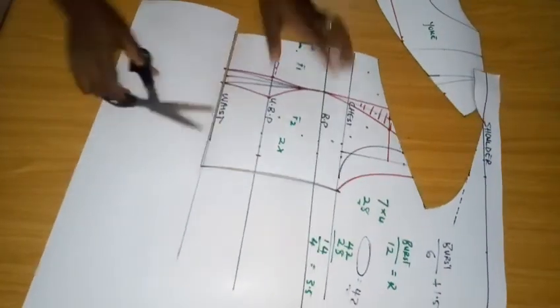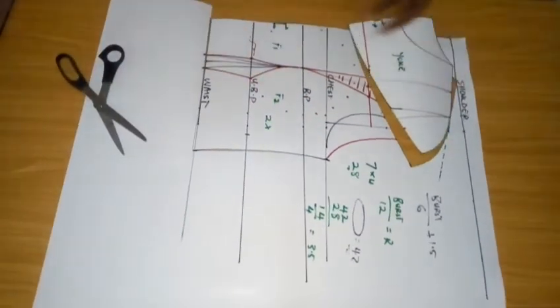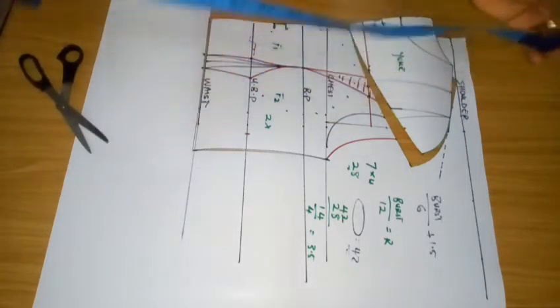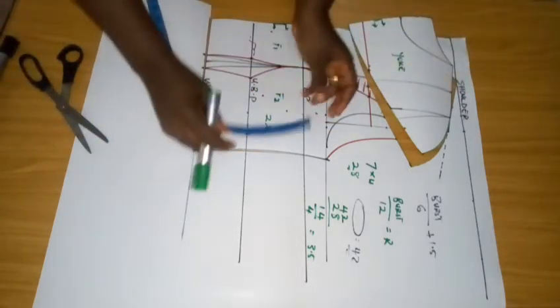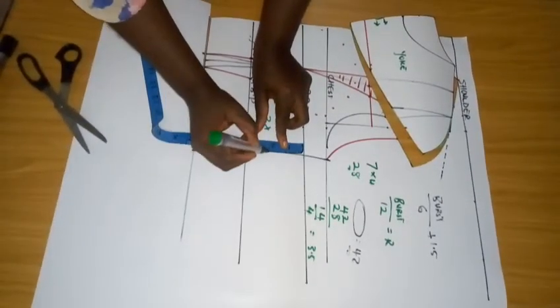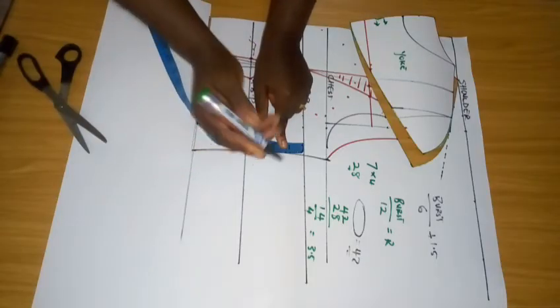Now, we have something we've not done, soulmates. Please don't forget, this is very important for a good bustier. That is the bust dart. So for the bust dart, from the bust point, I'll come down by 2 inches because the difference between my front length and back length is 2 inches.